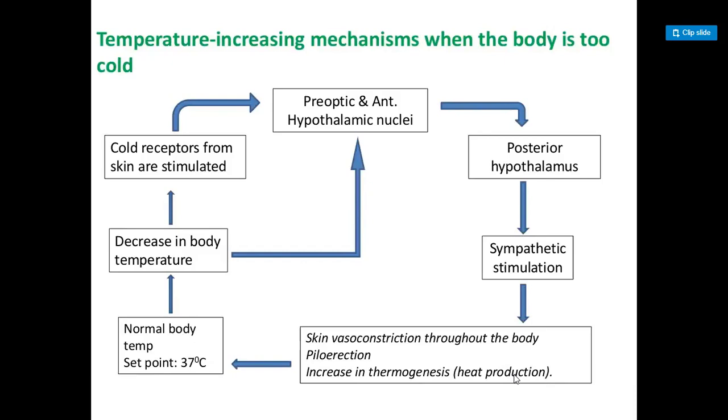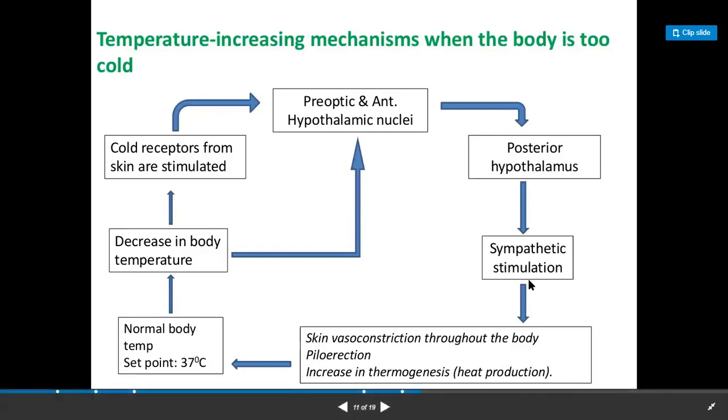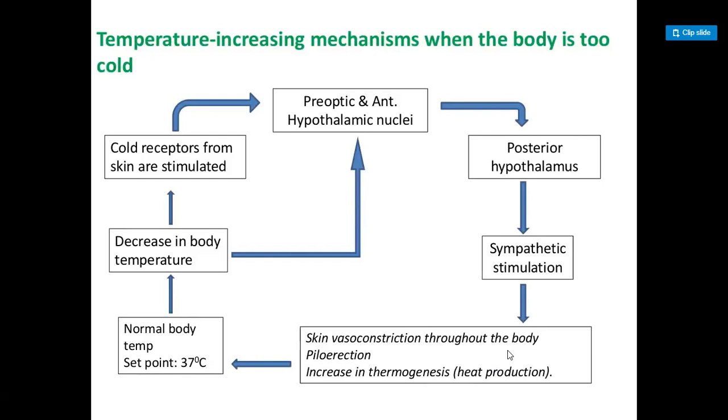Why? Because as you grow old, the ability of your thyroid gland to function decreases. So why are they still wearing winter jackets even though the weather is hot? Because they don't have enough thyroxine to increase their metabolic rate, to regulate their temperature. So they are feeling cold when everybody else is feeling hot.